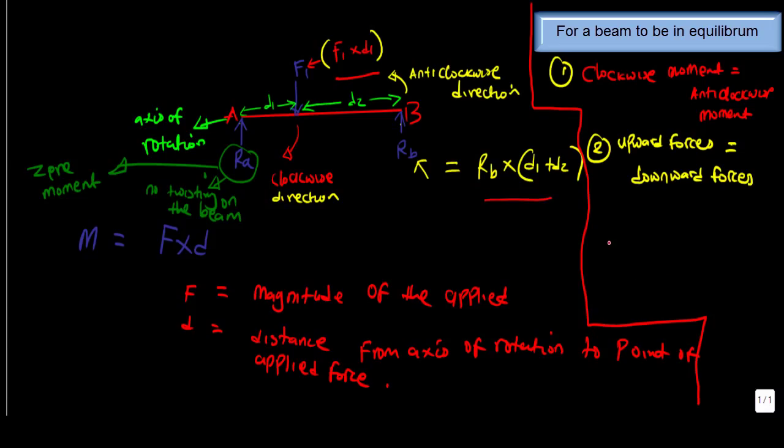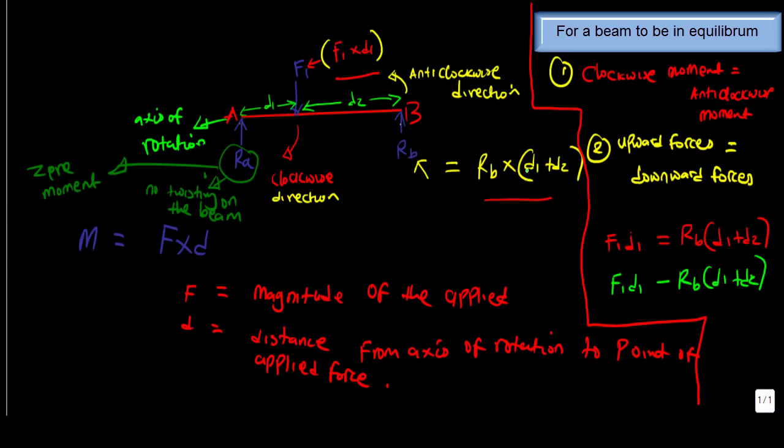So what we have is F1 D1 is equal to RB times D1 plus D2, and then we can rewrite this equation as F1 D1 minus RB (D1 plus D2). That's a 2, by the way.